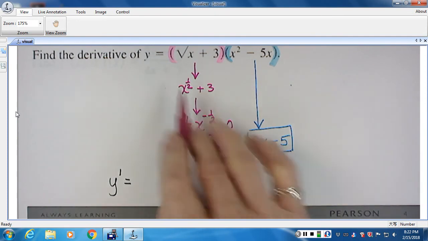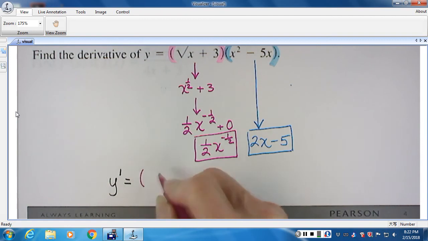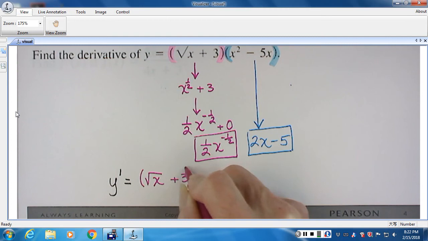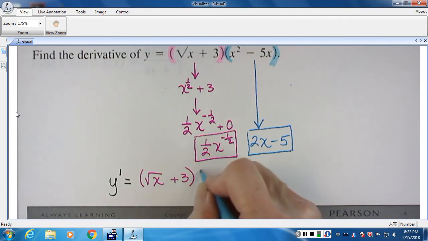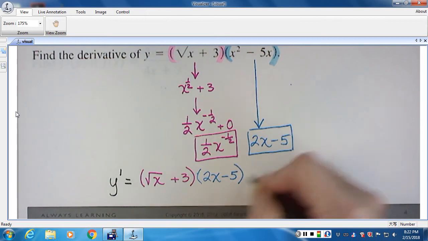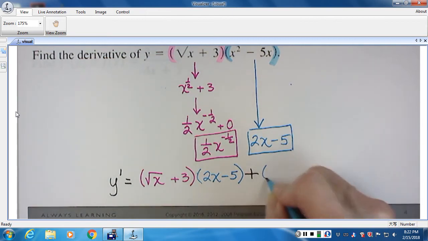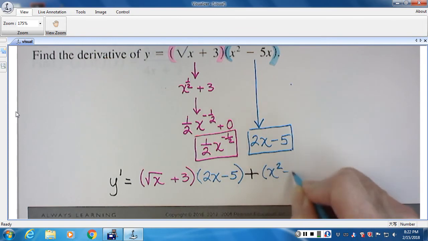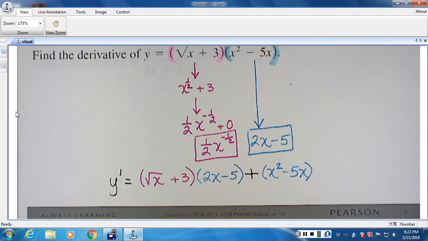You can change it to the power version, or you can leave it with the radical. It doesn't matter. And then I'm going to give it the derivative of its partner. And then I'm going to add, and I'm going to put down its partner, the second factor. And give it the derivative of the first one.